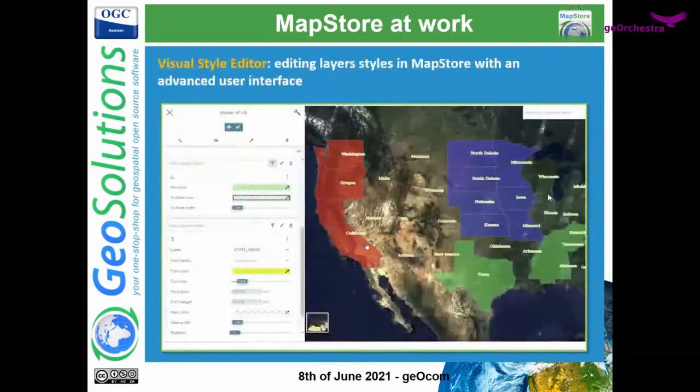Another interesting tool of MapStore is the Visual Style Editor. This is something that we introduced in MapStore shortly after the first release we did for geOrchestra. Recently, it has become possible to leverage other advanced capabilities through the Visual Style Editor, where you can manage your styles.